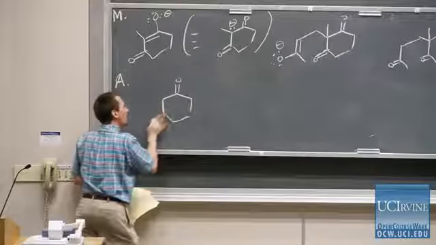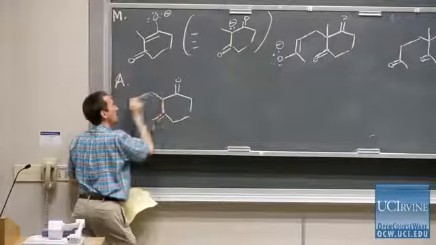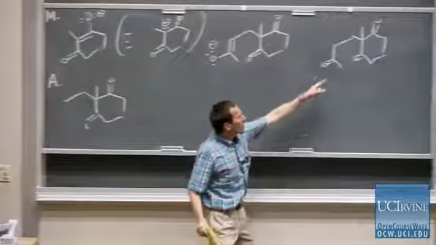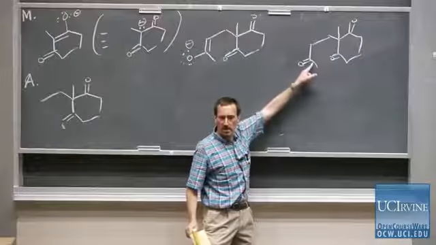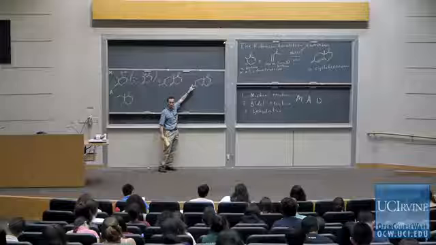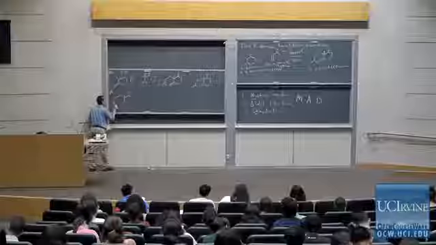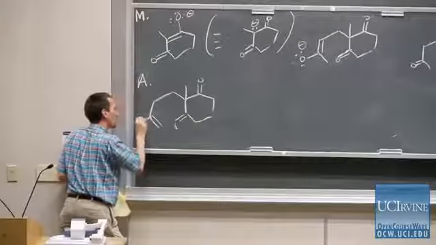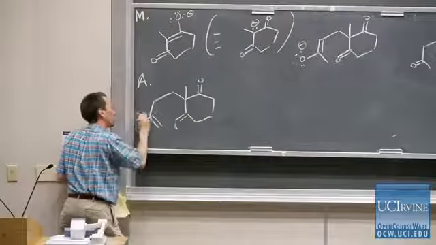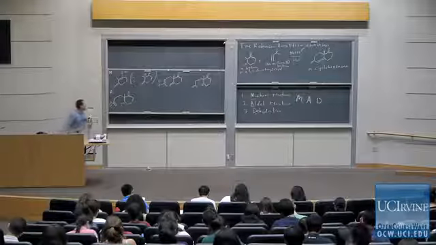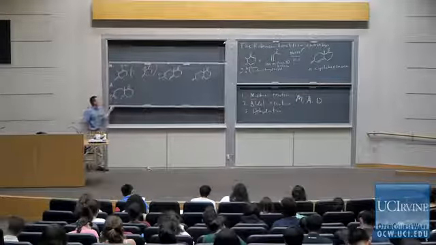So we can imagine, if you want to write a curved arrow mechanism, your base, your hydroxide, pulling off the alpha proton, pushing in electrons to form a double bond, pushing up electrons onto the oxygen to form an enolate. Now that enolate is poised to form a 6-membered ring.